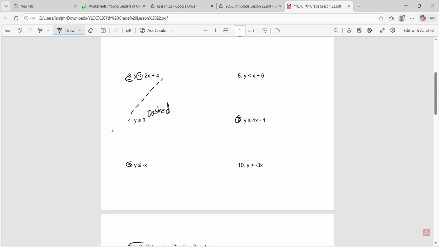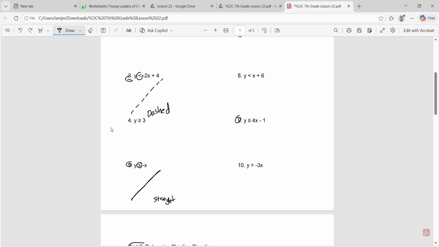Number 5. Y is less than or equal to negative x. So it has to be a straight line, because it's including whatever value is contained with this line. Whatever point is on this line is also part of negative x.